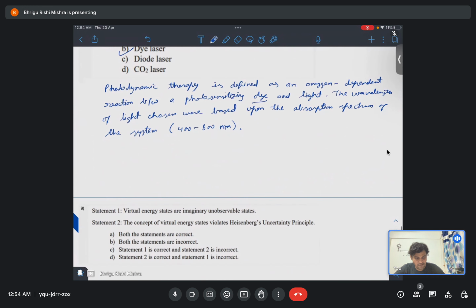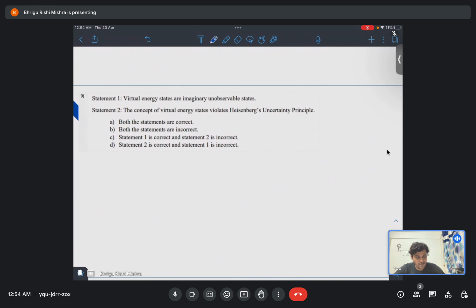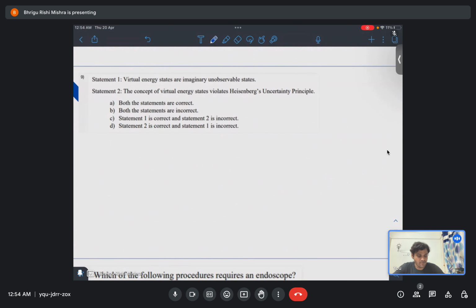Question 9, virtual energy states are imaginary unobservable states. The concept of virtual energy states violates Heisenberg's uncertainty principle. So first let's know what is this virtual energy state.